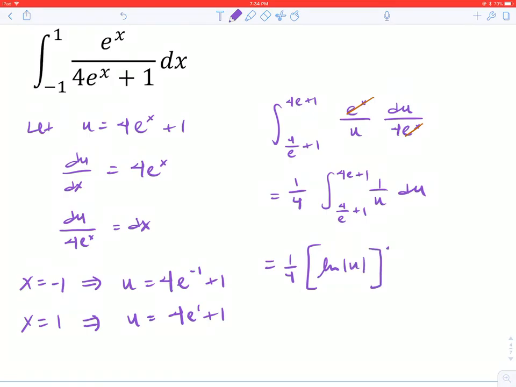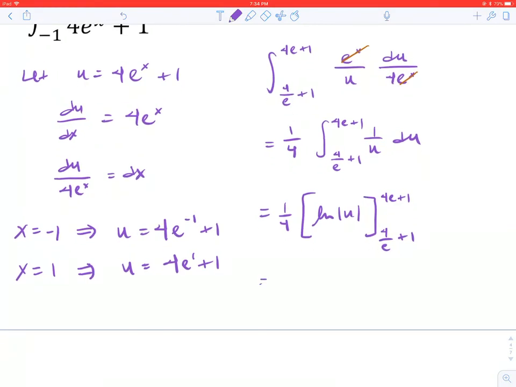Integral of 1 over u is ln of absolute value of u. And then fundamental theorem of calculus will have 1/4 times the quantity ln of 4e plus 1 minus ln of 4 over e plus 1.